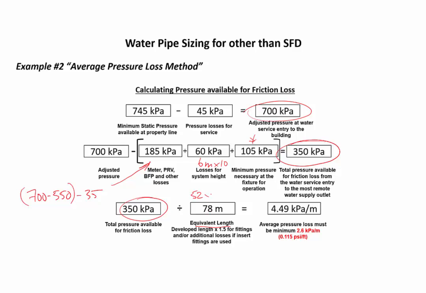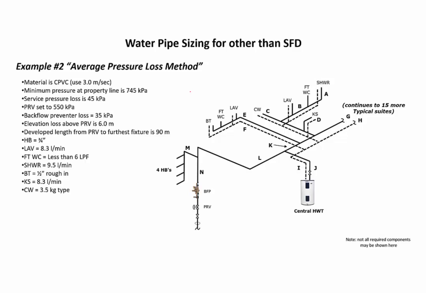Again, that's developed length, which is 52 meters, I believe, times 1.5 to represent some fittings in the system as well. So we come up with 4.49 kPa per meter available. That exceeds the minimum 2.6 kPa per meter that's required. So we can use the method, and we're going to look at the loads now for all the fixtures.